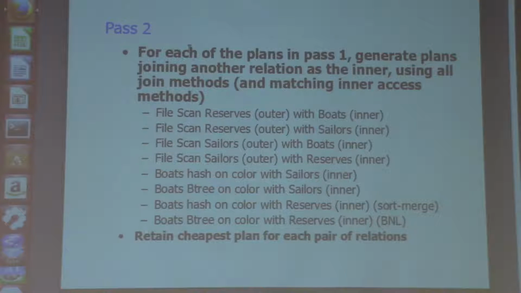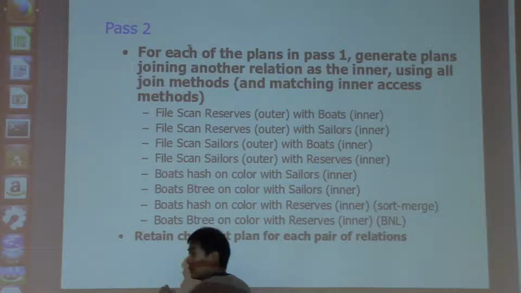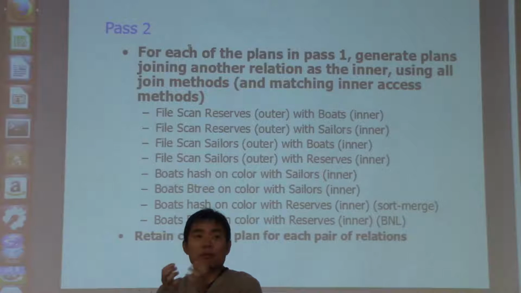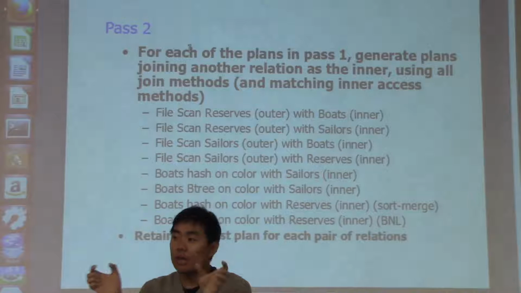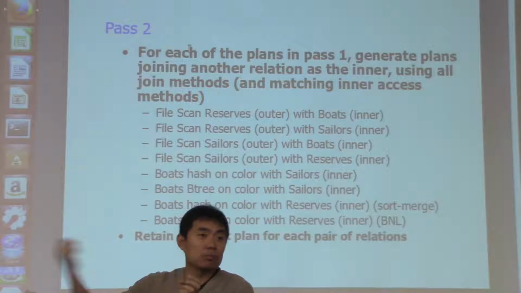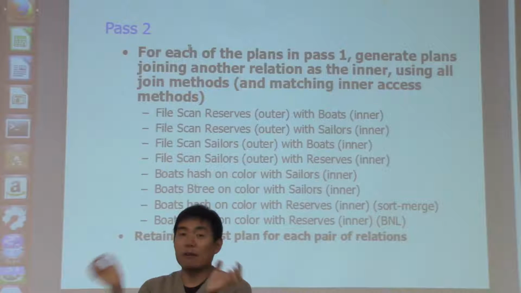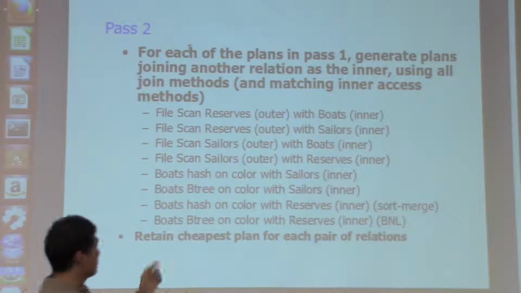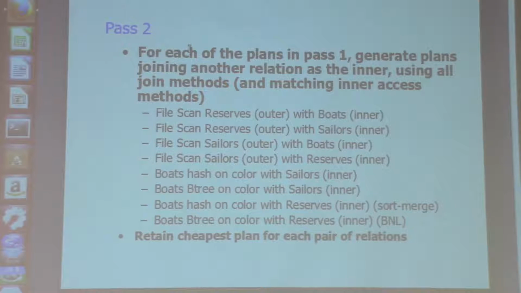That's essentially what you do. And then for each pair of relations, you keep the best plan. For each unit, you keep the best plan to do that. That's precisely what we said just now, right? For every pair, you keep the best plan.